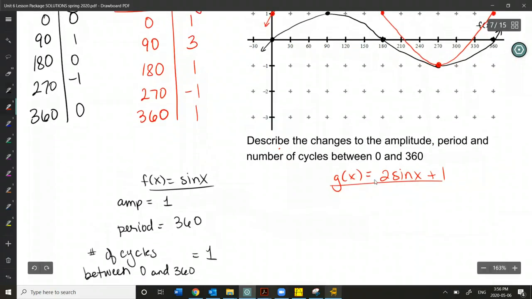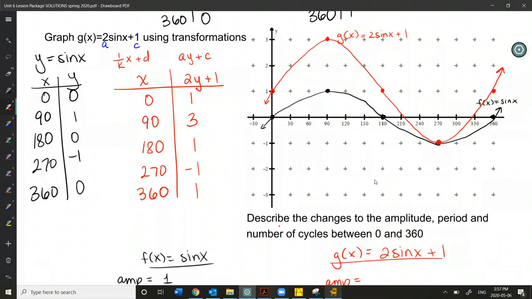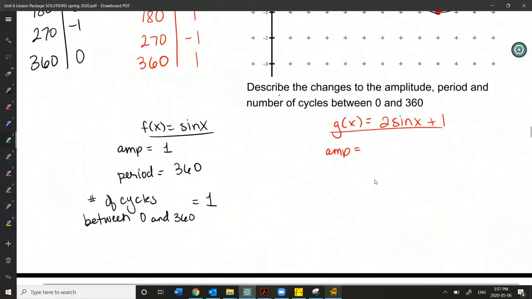So in our new function here, amplitude is really the absolute value of the a value, but we can also see visibly here, if we mark off our midline, that it takes 2 units to get from resting point to maximum and resting point to minimum. So amplitude here, just as it shows in the equation, is equal to 2.